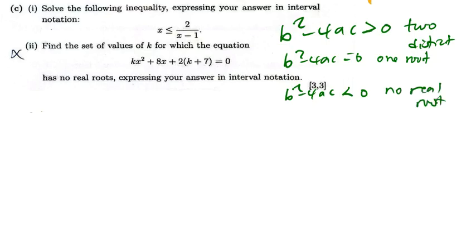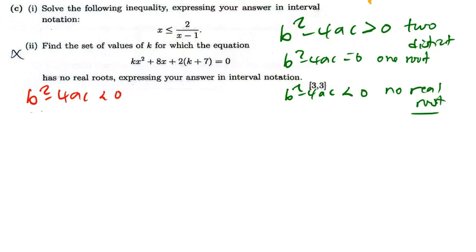So you have to know these: two distinct real roots, meaning that the discriminant is greater than 0. One root, not roots, but one root, then the discriminant is equal to 0. No real roots, the discriminant is less than 0. As simple as that. So in this case, my discriminant is less than 0 because we don't have real roots, so it's less than 0, like that.